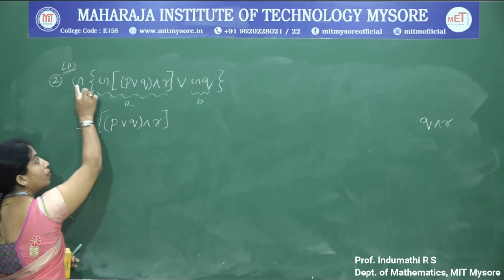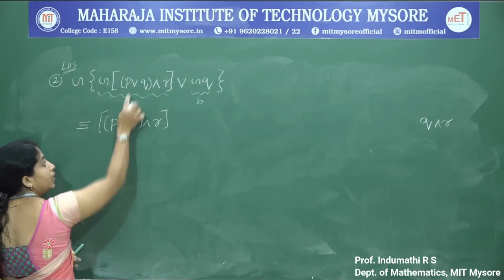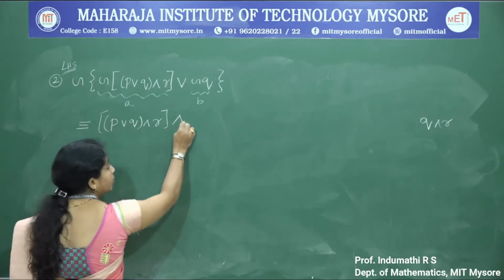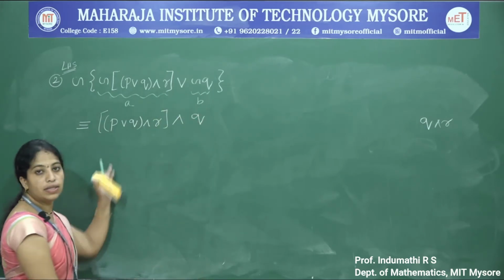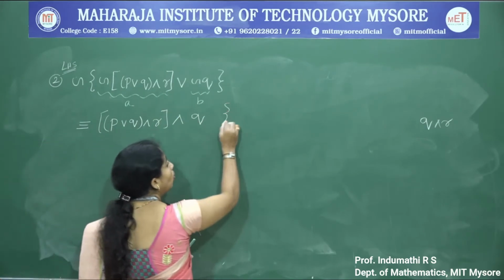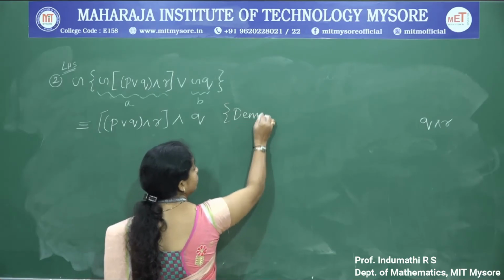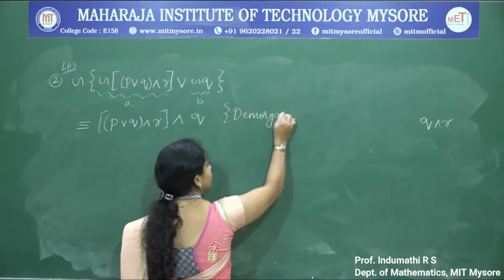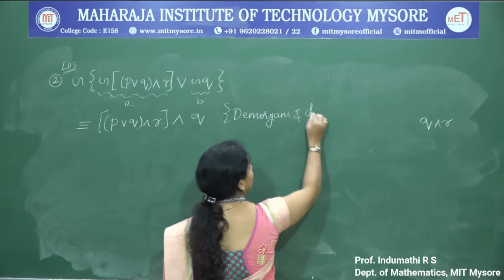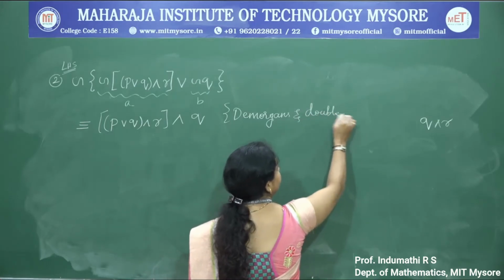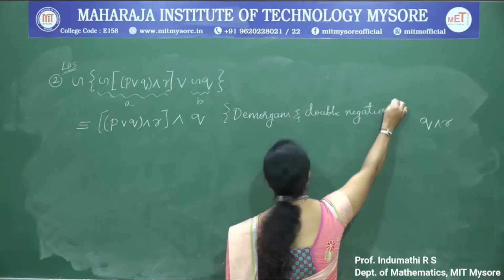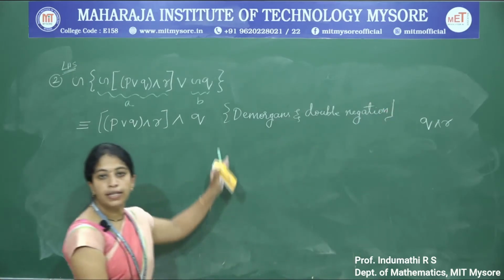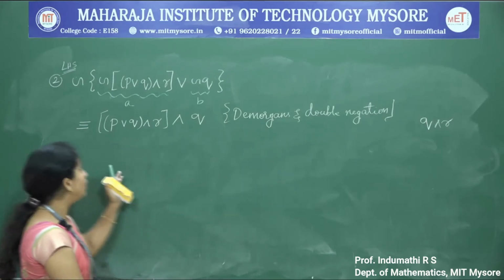By using law of double negation, negation of negation Q is Q. Now, in this step we have applied law of De Morgan's as well as law of double negation.